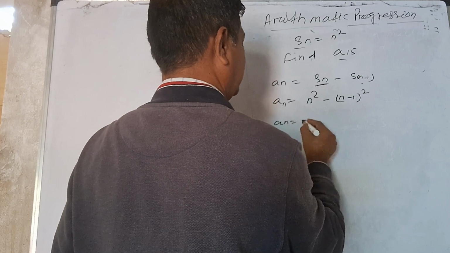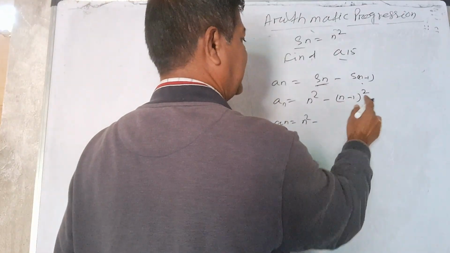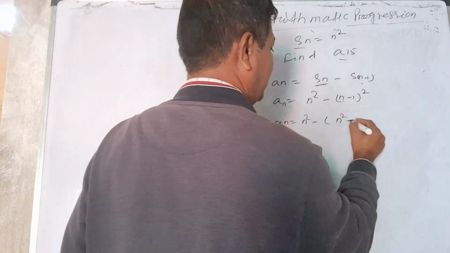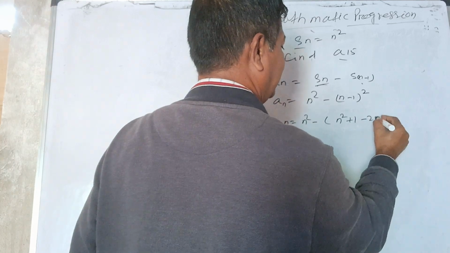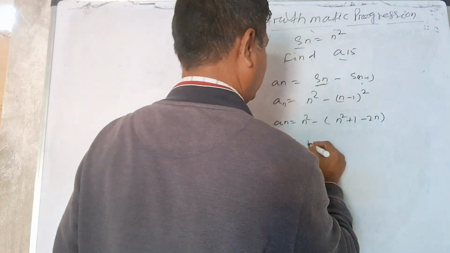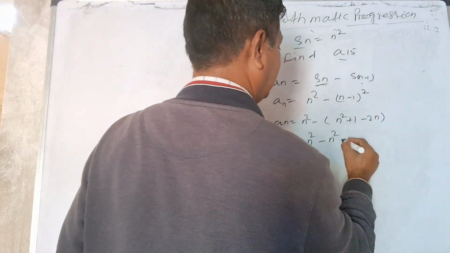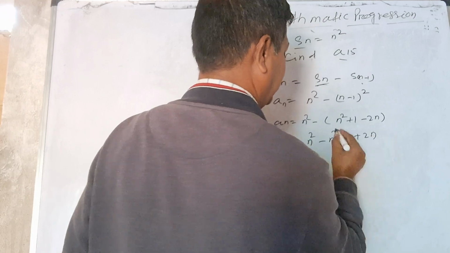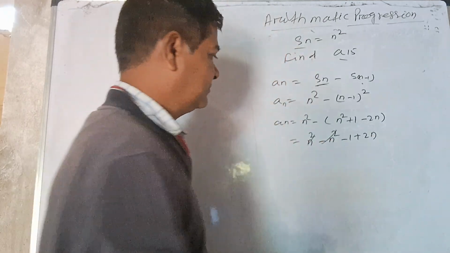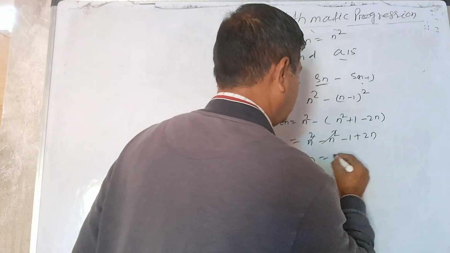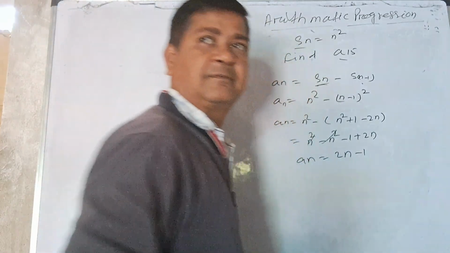That means An equal to n square minus, using the formula a minus b whole square, n square plus 1 minus 2n. That equals n square minus 1 plus 2n. The n squares will cancel. Here An equal to 2n minus 1.